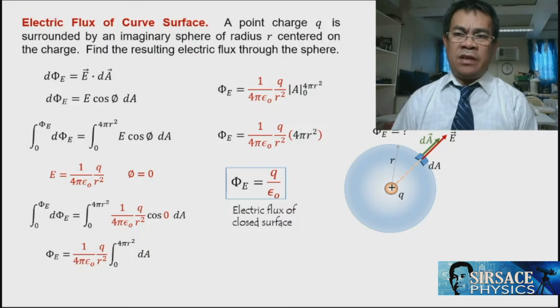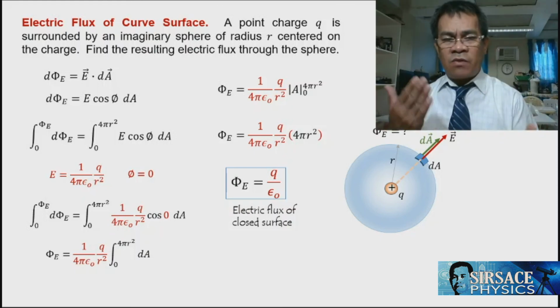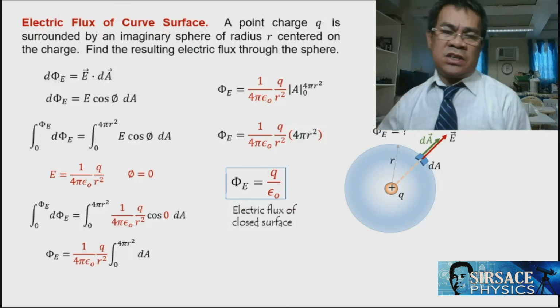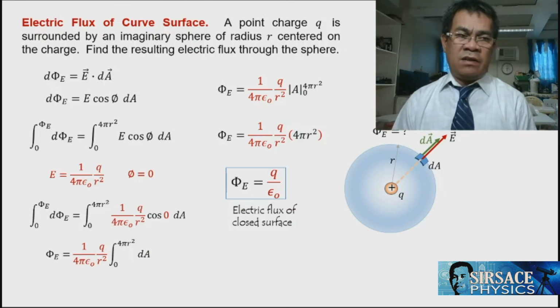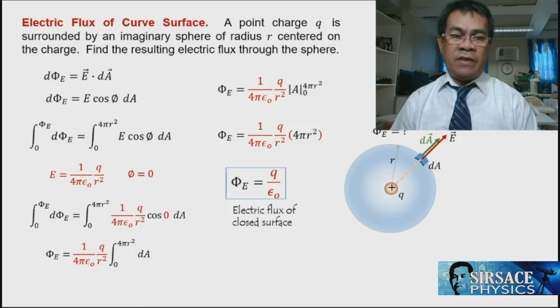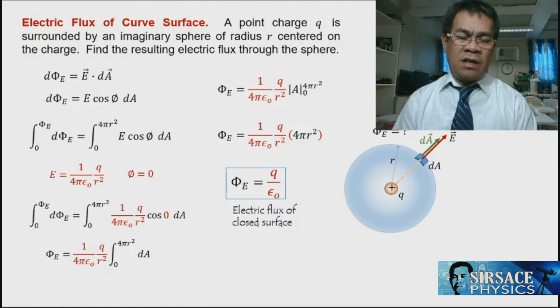To sum up the discussion, take note that the flux requires area. There is no flux if there is no area. In a flat surface, we can calculate the electric flux through the formula of the electric field multiplied by that area times the cosine of the angle between the two vectors. The normal vector is the normal to the surface area.